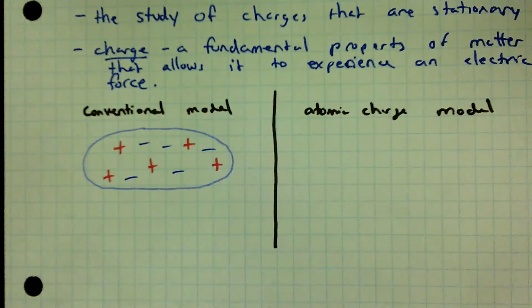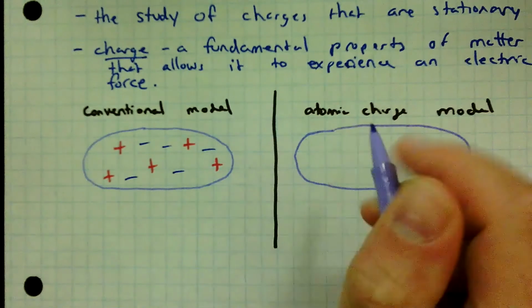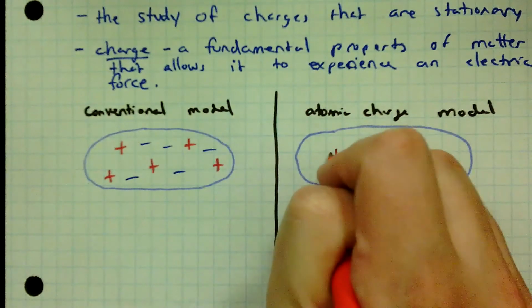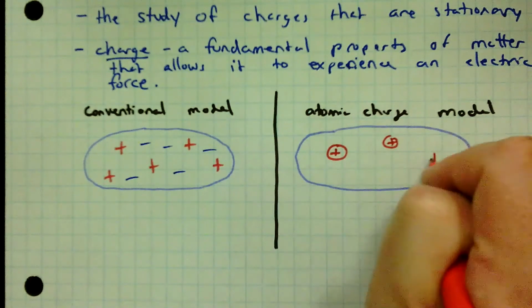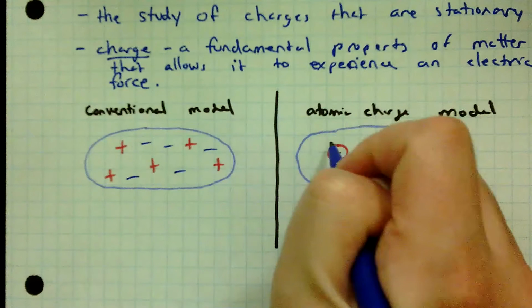In the atomic charge model, at least at this level, it's not too different, right? What's really happening is you've got this object, and what it really has is these atoms, and I'm going to draw a very, very simplified model of an atom. I'm going to draw an atom as one positive charge that's the nucleus, and one negative charge that's the electron. Now, there are more protons and more electrons, but for simplicity's sake, I'm going to draw again 1, 2, 3, 4, 5 protons, and I'm going to say that they each have 1 electron around them.